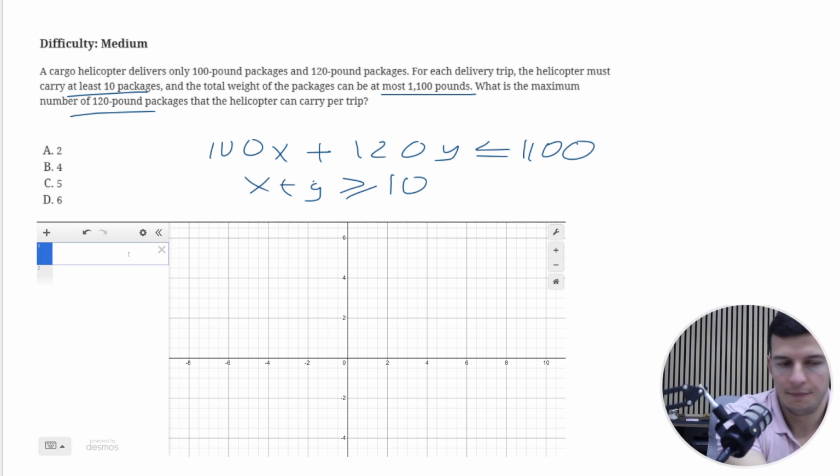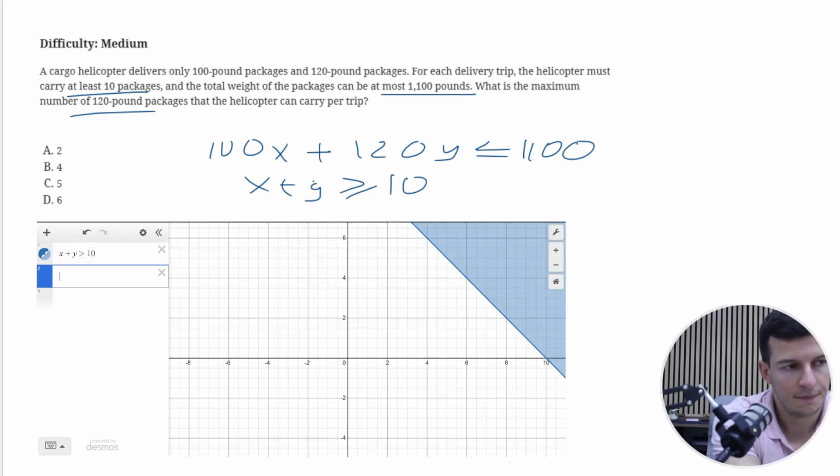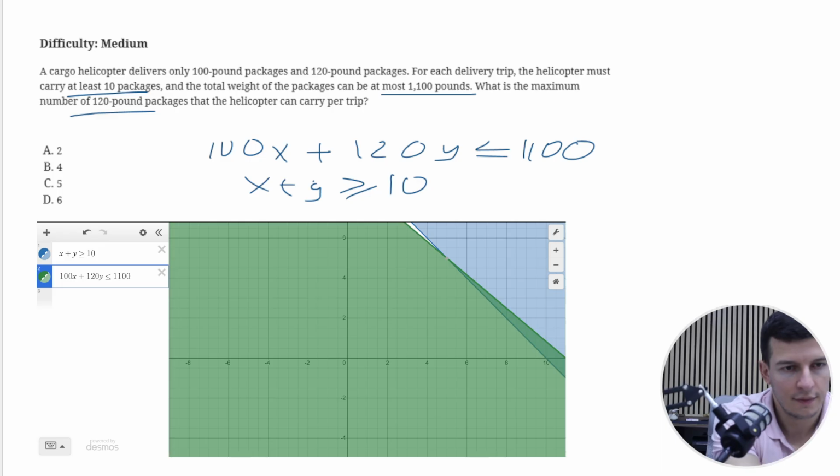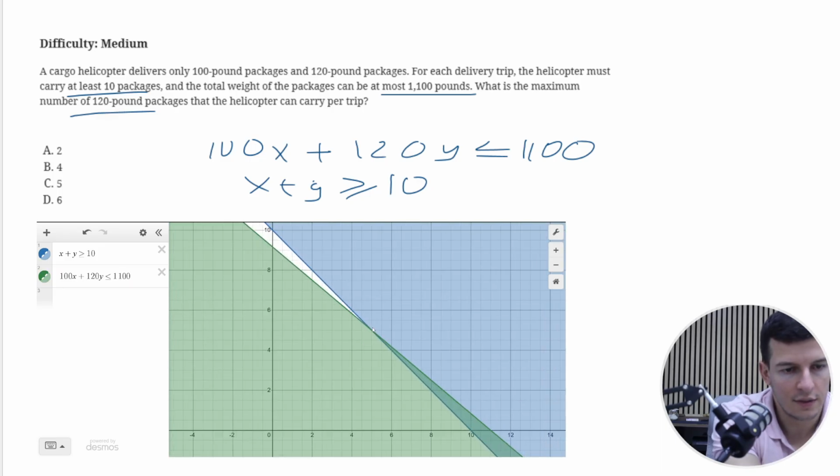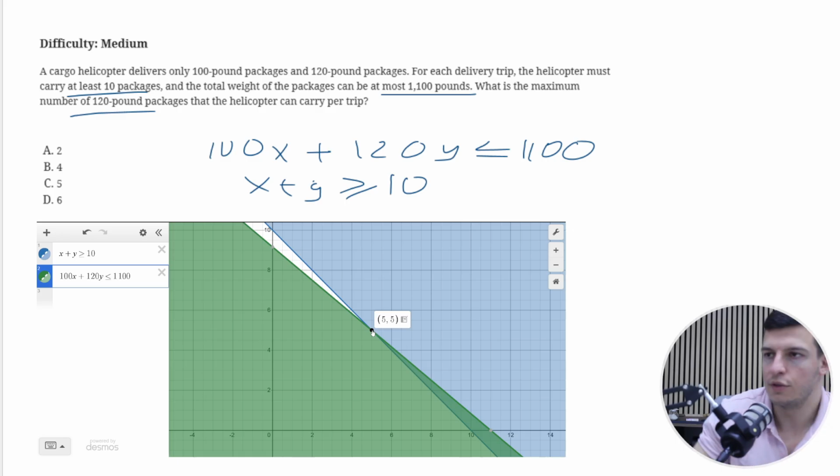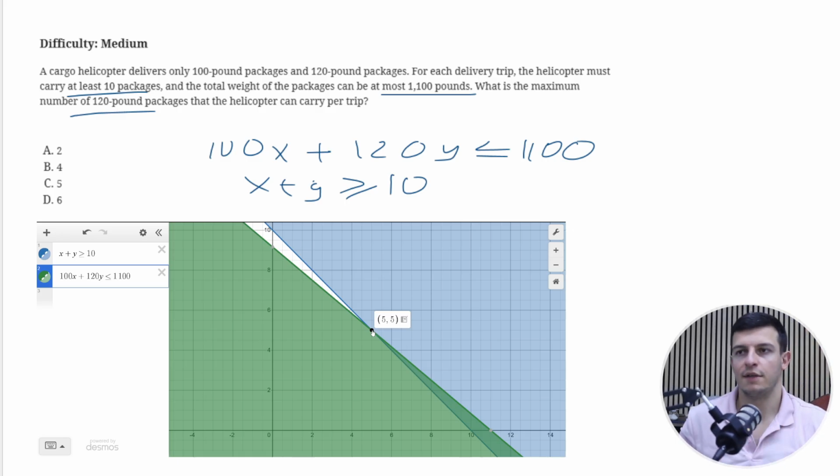So we got x plus y greater than or equal to 10 and 100x plus 120y less than or equal to 1100. Yes? So I see that there's an intersection point, and if I click on that, I get 5 and 5. So 5 of the 100 packages and 5 of the 120 packages. We're asked for 120, and so we're going to choose 5.